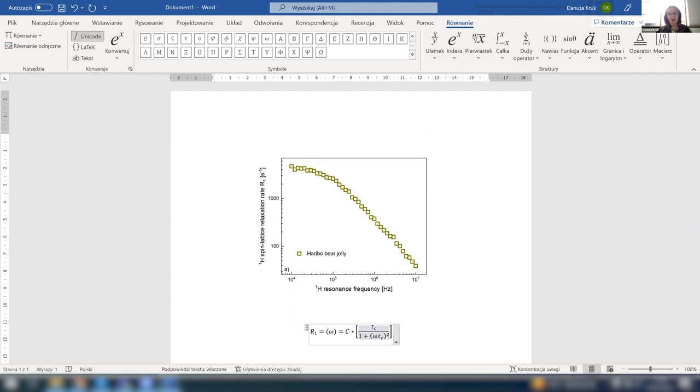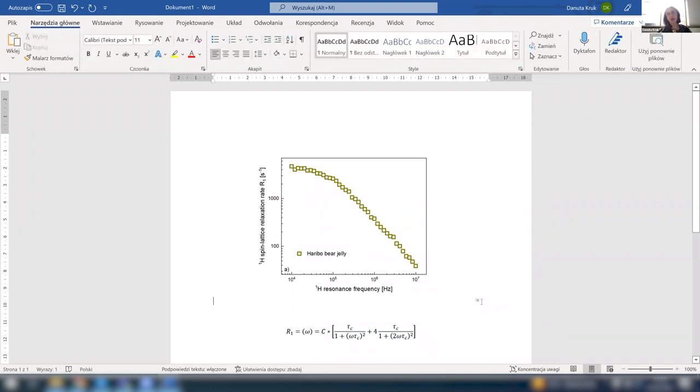Squared plus 4 times, copy, paste, and here you have factor 2. So this is the simplest expression for a relaxation process, and it assumes that the correlation function is single exponential, so the Fourier transform is just Lorentzian. And tau c is a kind of time scale of the motion. So this is the simplest expression.